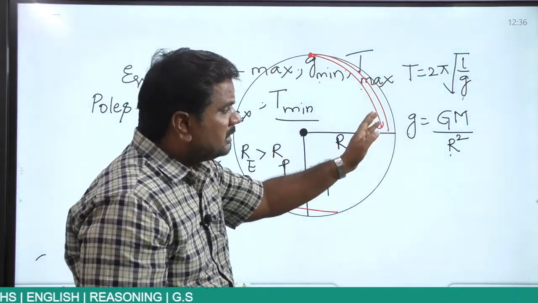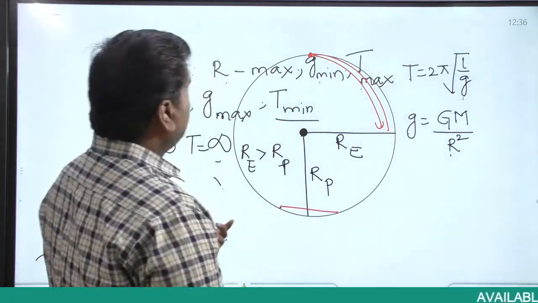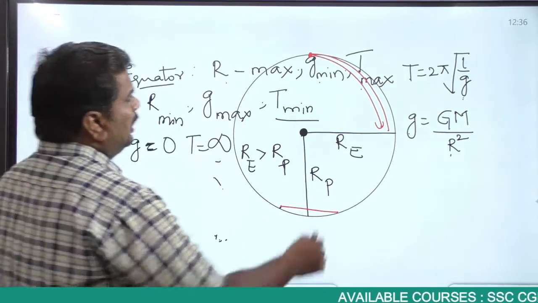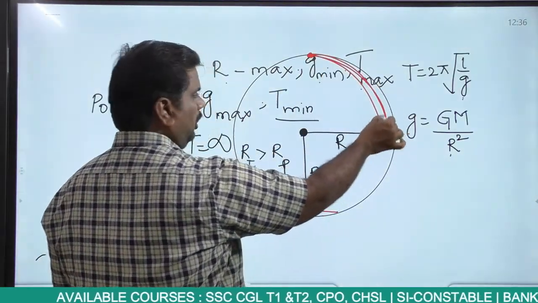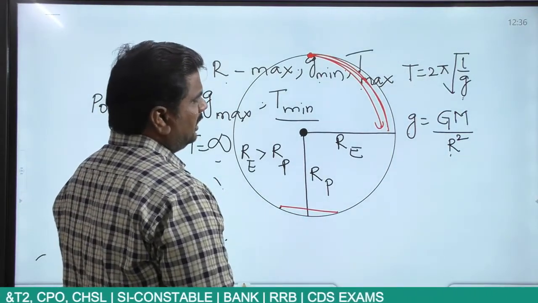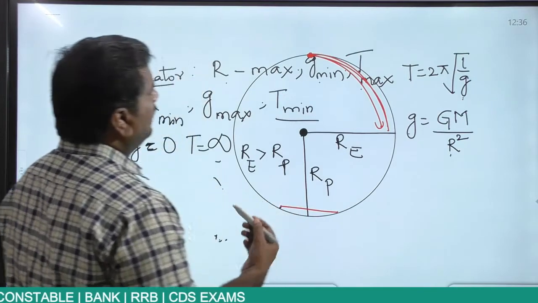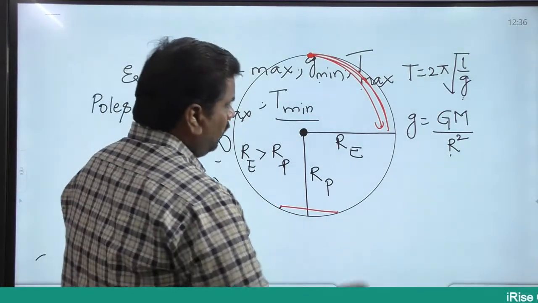If the g value increases, then what happens to time period? It decreases, and it just keeps on decreasing. Whenever you are moving from north pole to south pole, the g value just keeps on decreasing. Now why is it decreasing?